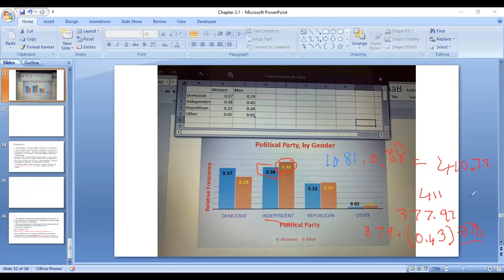The women are 411, and the men are 378. That's 411 women independent and 378 men independent. Any question about finding the people in the group? You take the total people, multiply by the relative frequency, and you get the total number.